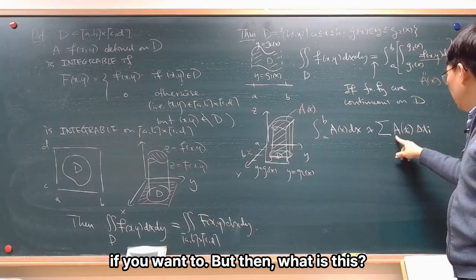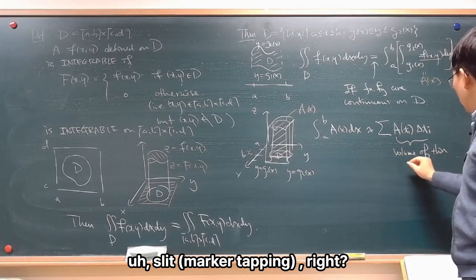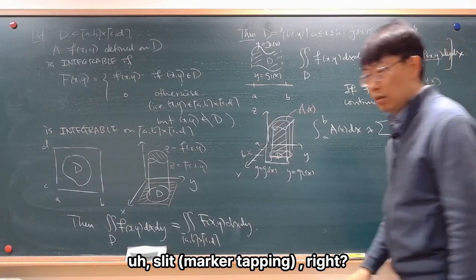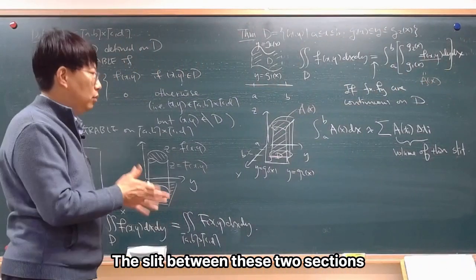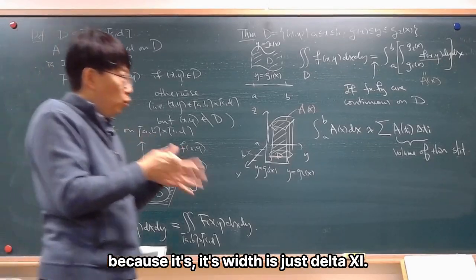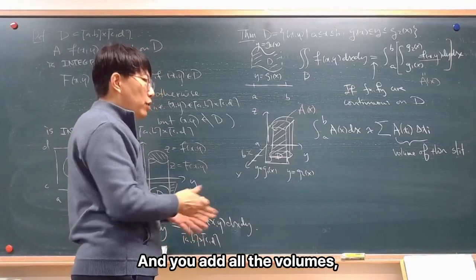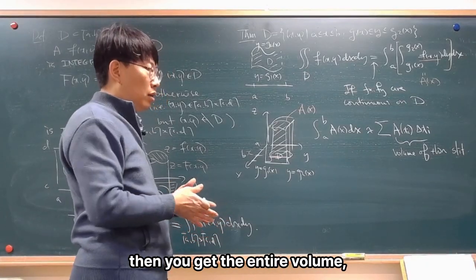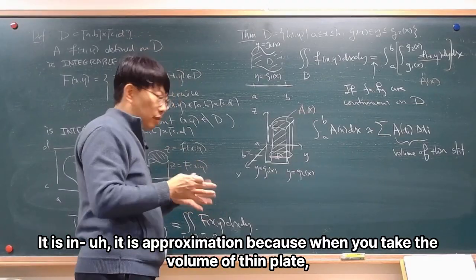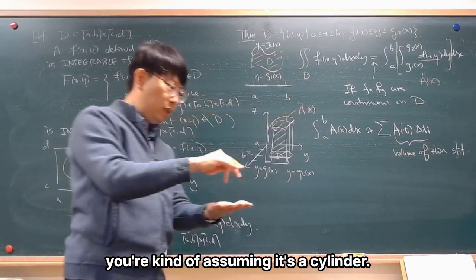But what is this? This is the volume of a thin slit between two sections right next to each other, very thin because its width is just delta xi, but still it's a volume. You add all the volumes, then you get an approximation of the entire volume. It is an approximation because when you take the volume of a thin slit, you're assuming it's a cylinder.